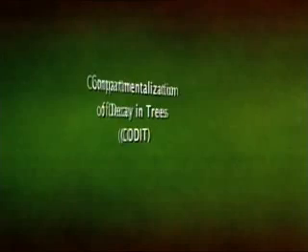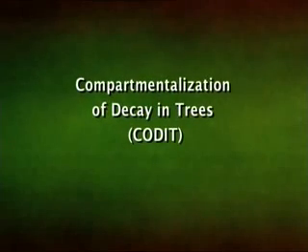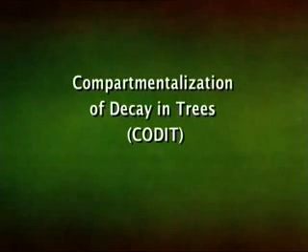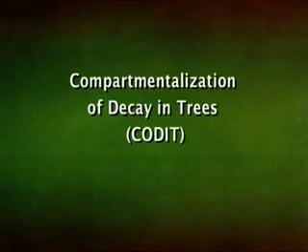This simply stops the decay or infection from progressing beyond that portion of the plant. This phenomenon is popularly called compartmentalization of decay in trees, or is pronounced as CODIT.